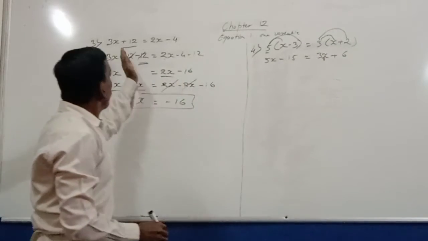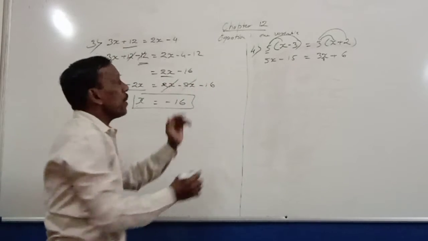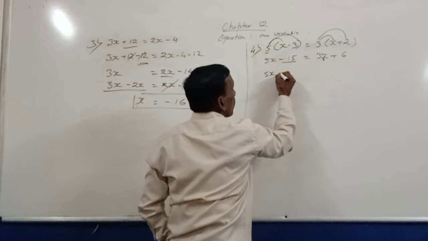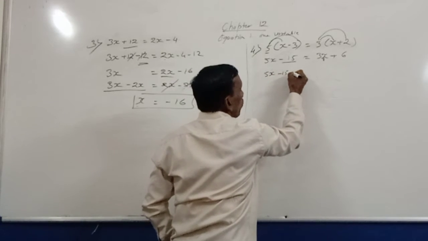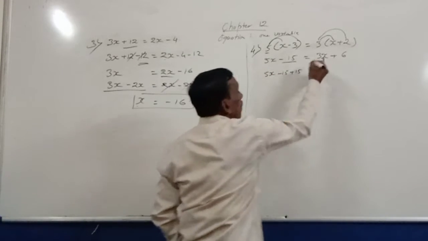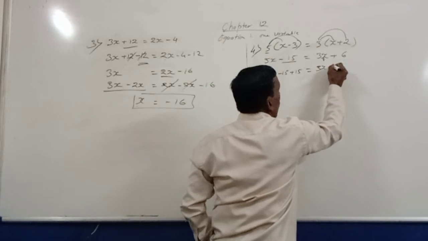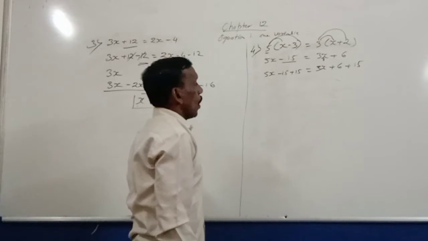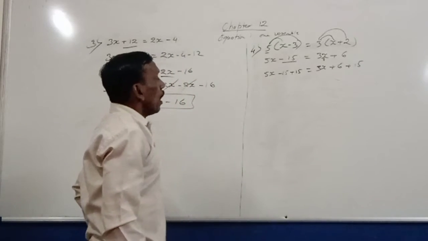Now see, the same question became here: 5x minus 15 is equal to 3x plus 6. Now what do you have to do first here? First you remove this 15, minus 15. What do you have to do here? 5x minus 15, minus, so we have to put plus 15. Same as here also, 3x plus 6 plus 15. Okay. Now what we have to do here?